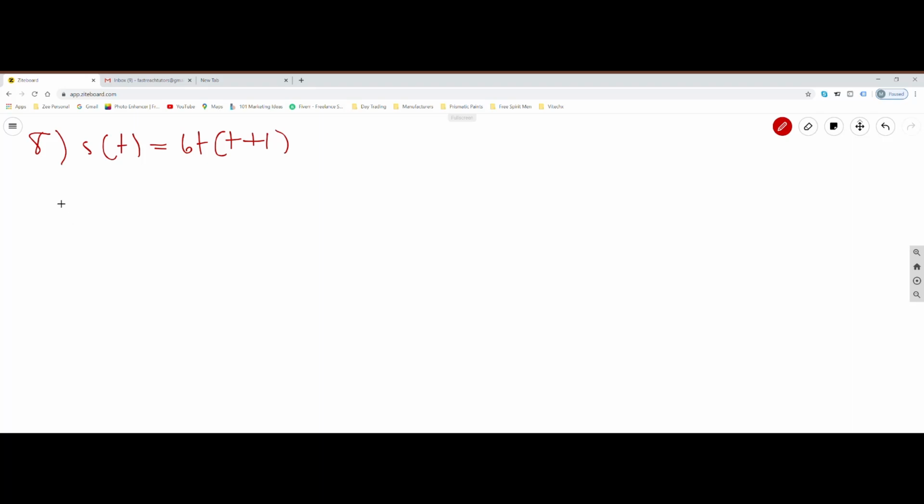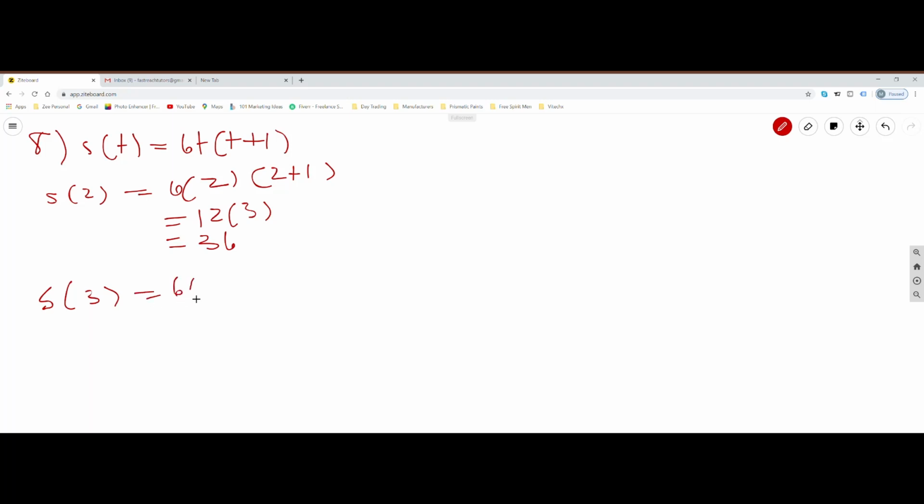So s(2) equals 6 times 2 times (2 plus 1), equals 12 times 3 equals 36. s(3) equals 6 times 3 times (3 plus 1), equals 18 times 4 equals 72.